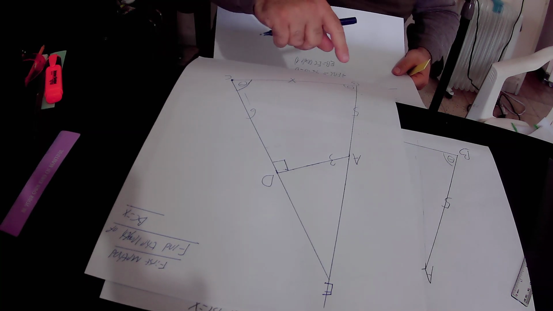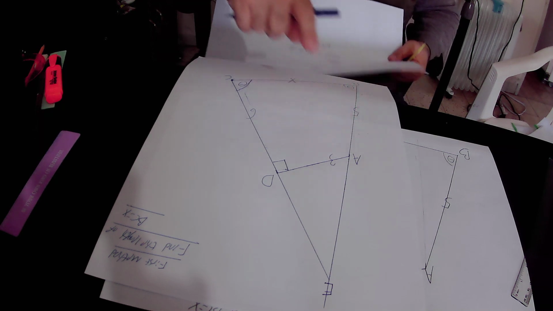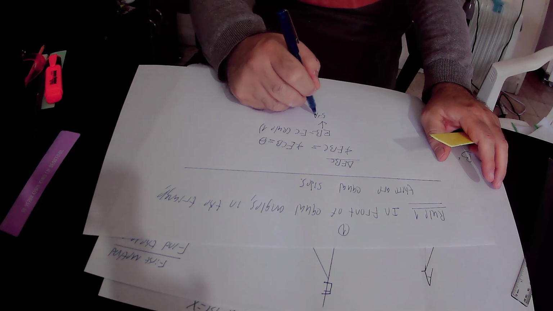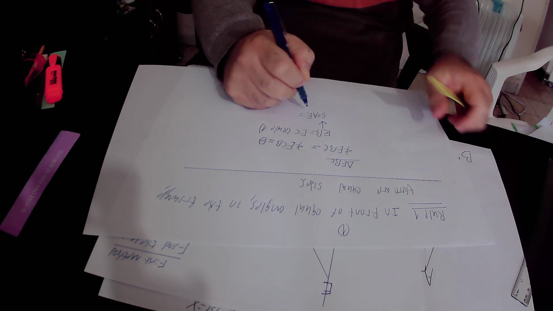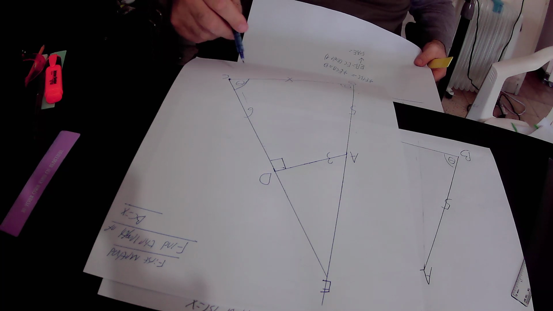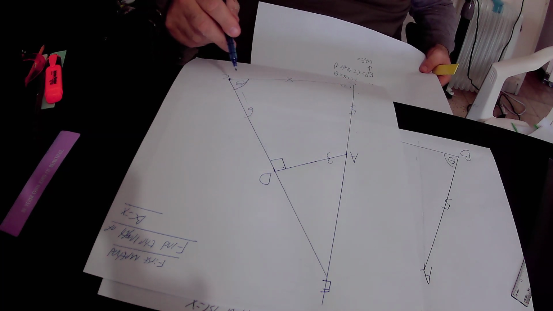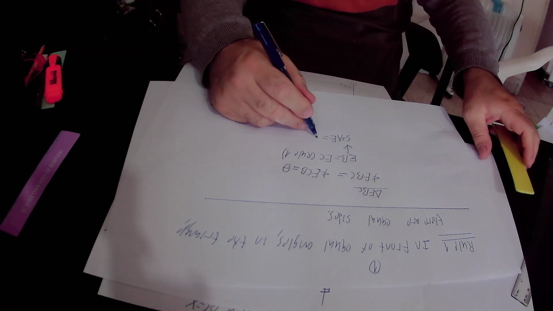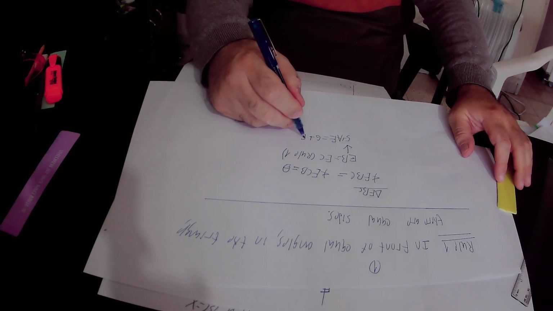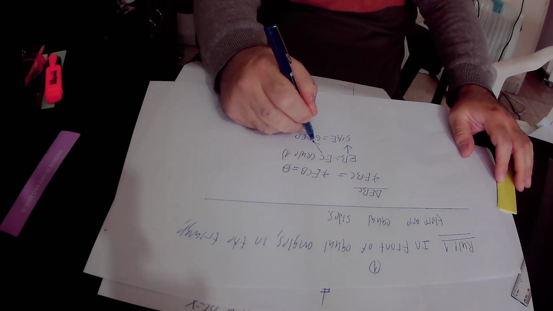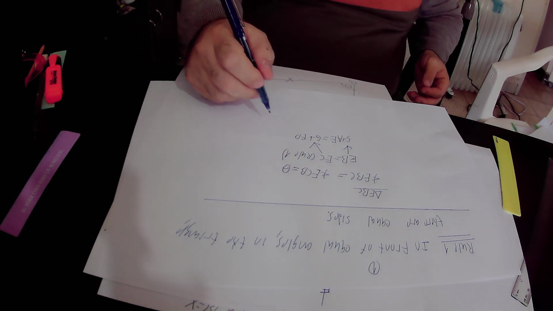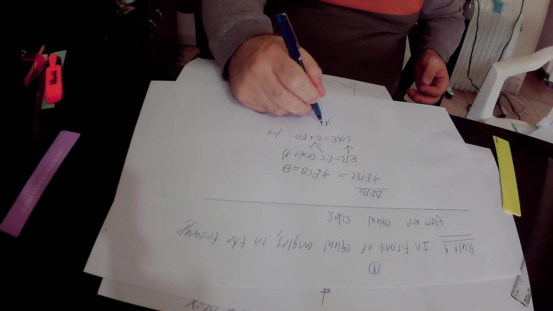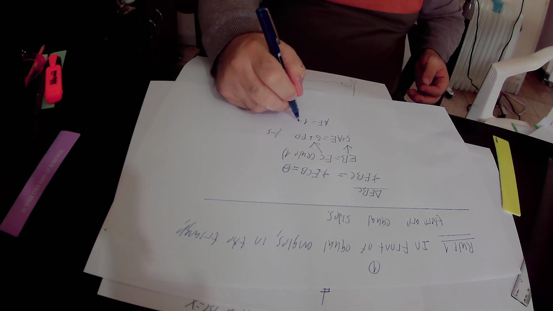Side EB equals 5 plus AE, while side EC equals 6 plus ED. Okay, we'll subtract 5 from this equation and we'll get that AE equals 6 minus 5, which is 1, plus ED.